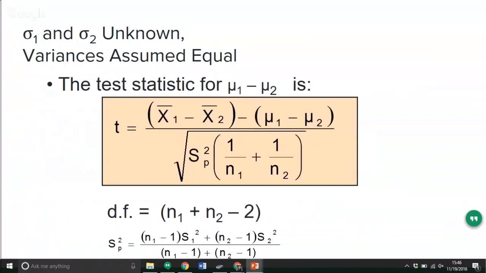The test statistic is essentially, because we're comparing groups, so I had mentioned to look for the estimate minus the hypothesized amounts, right? What we're essentially doing is taking the difference between group 1 and group 2, and then saying minus a hypothesized population mean for group 1 and a hypothesized population mean for group 2.